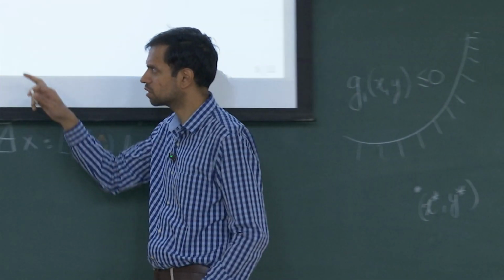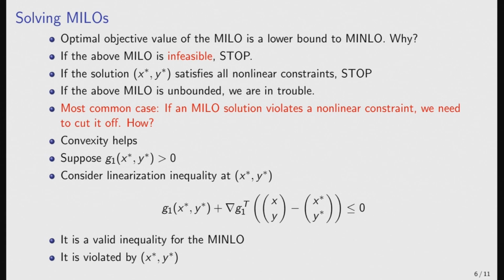First of all, we claim that it is a valid inequality. Why is it a valid inequality? Because g1 is a convex function, and this part underestimates the convex function.